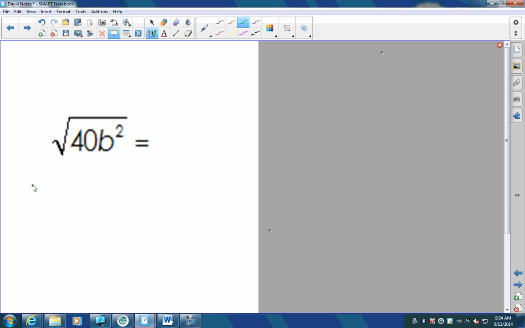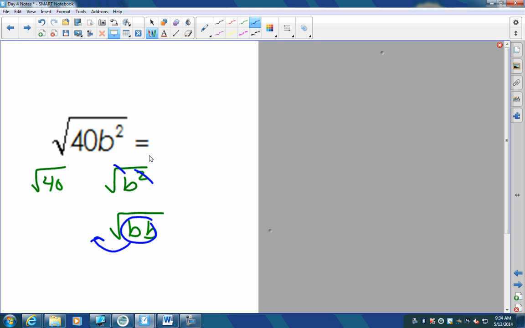I'm going to think about the square root of 40 and the square root of b squared. Remember, the square root of b squared means b times b. It takes 2 to come out the house. So it's just a b. So you can also think of it like the square root takes away the squared. So the b will be outside the house.